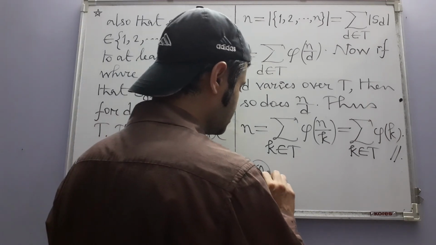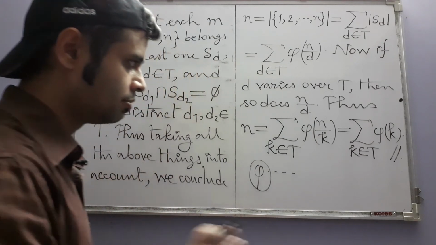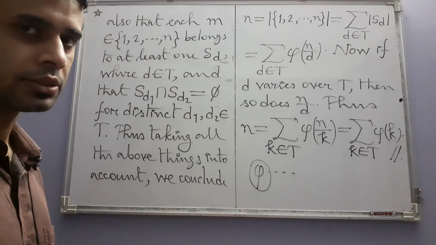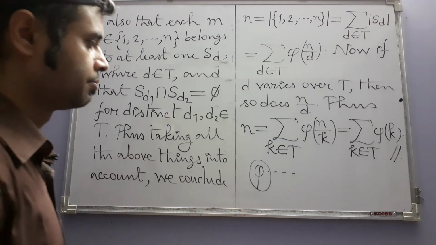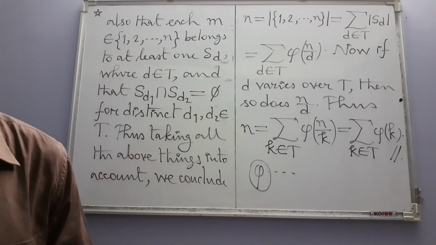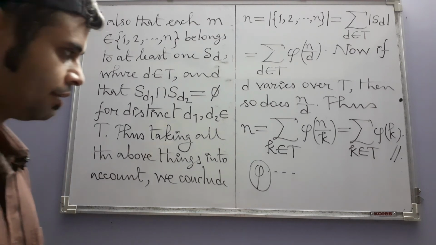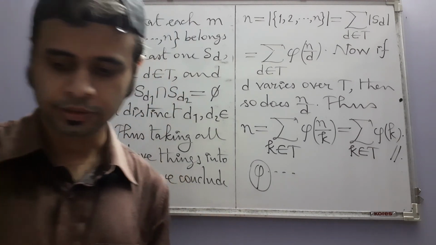That, however, needs some results about multiplicative functions in general, so I decided not to give that here. Okay, so that's the solution, and in fact let's just end the video here itself.